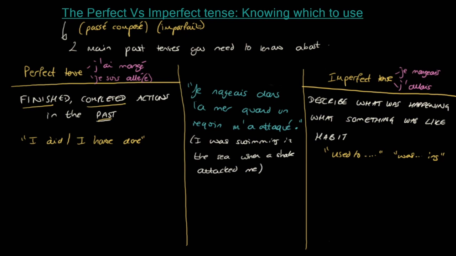Let's try and spot our two tenses first. So je nageais, imperfect, I was swimming. Quand un requin m'a attaqué, a shark attacked me, perfect tense, passé composé. So can we see that je nageais here is describing what was happening.